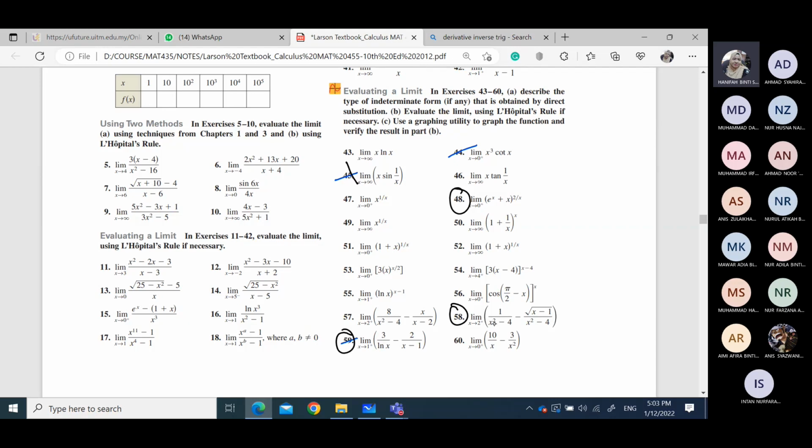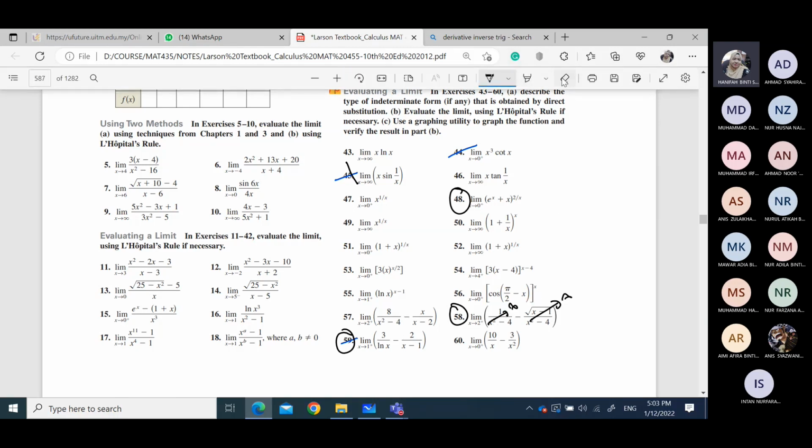So 2 squared is 4, so 1 over 4 minus 4, we have infinity here. For the other one, you will also get 1 over 0, so 1 over 0 is infinity also. So this one is indeterminate difference. For the indeterminate difference, we need to combine the terms.